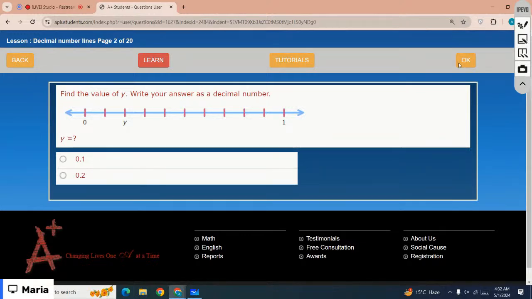Find the value of y. Write your answer as a decimal number.